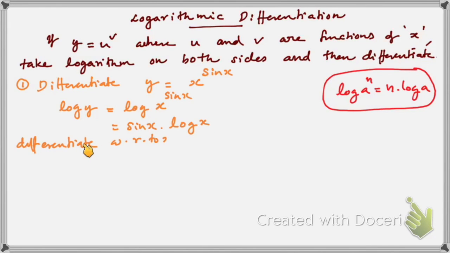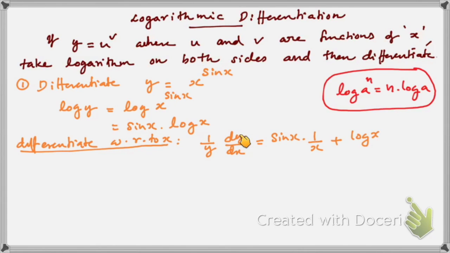So differentiating with respect to x, first log y derivative. Derivative of log y is 1 by y into dy by dx. And on the right side, it is sine x into log x, which is a product rule, uv rule. U into v dash plus v into u dash.